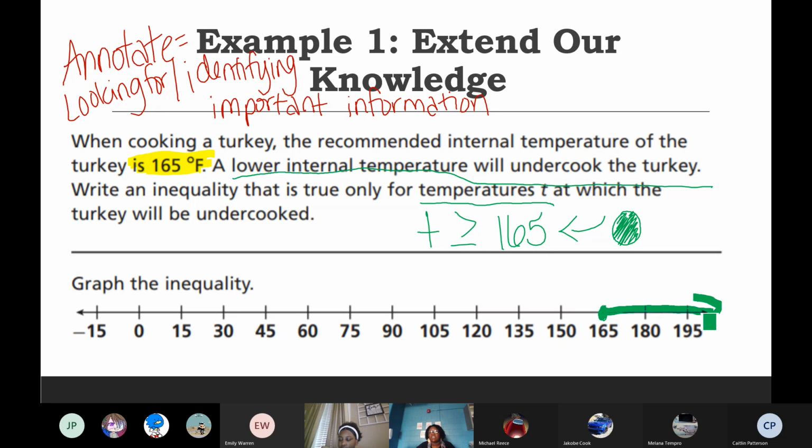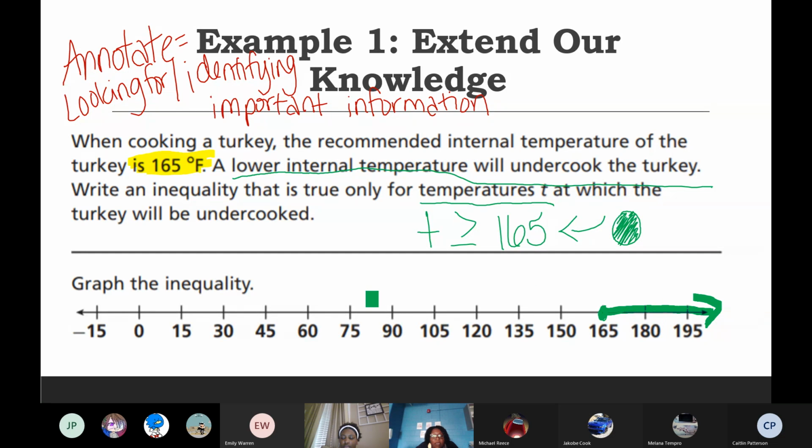So could I cook my turkey at 180 degrees? I need somebody to speak up for me. Could the inside of my turkey be 180 degrees? Yes.